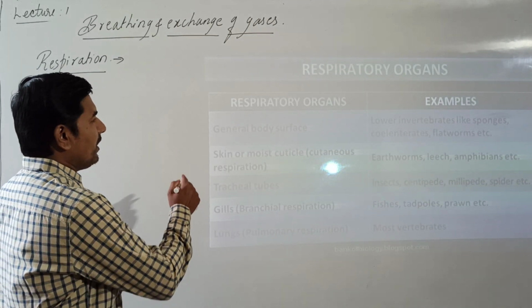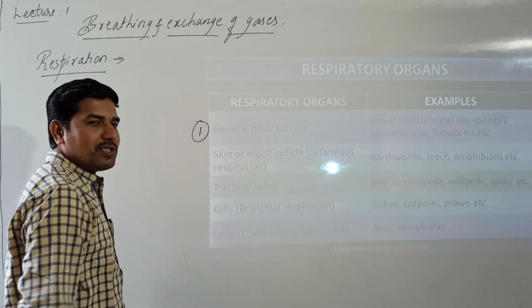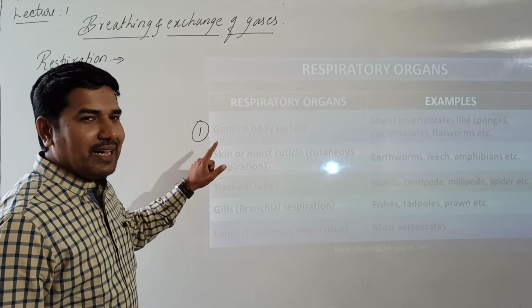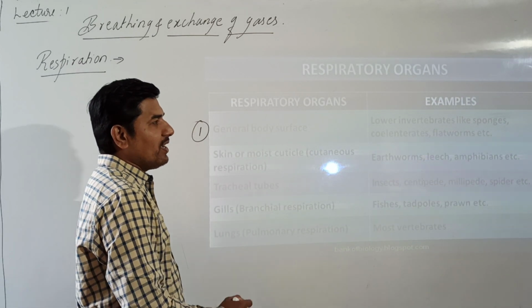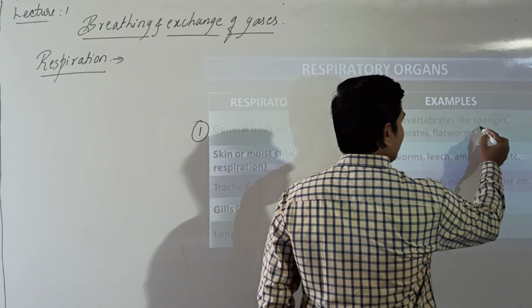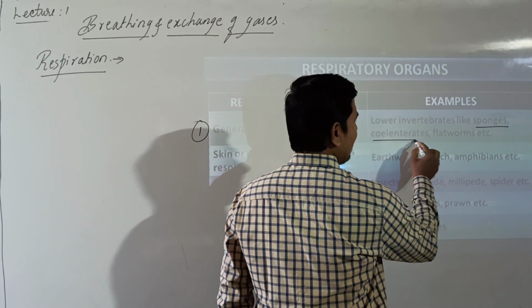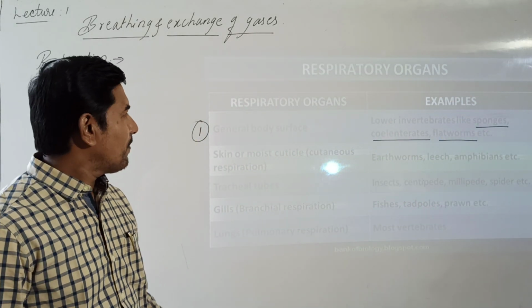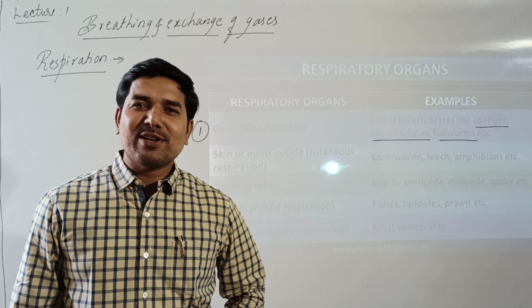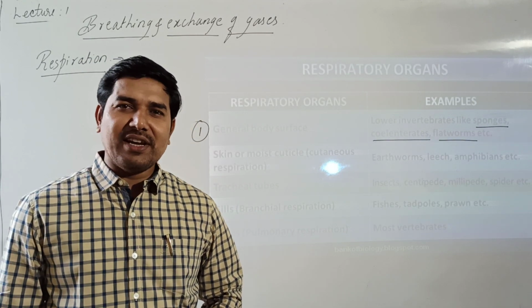Out of that, the first one: breathing or respiration occurs through the general body surface, especially in lower invertebrates like sponges, coelenterates and flatworms. Look at this, there are various respiratory organs present in different organisms.